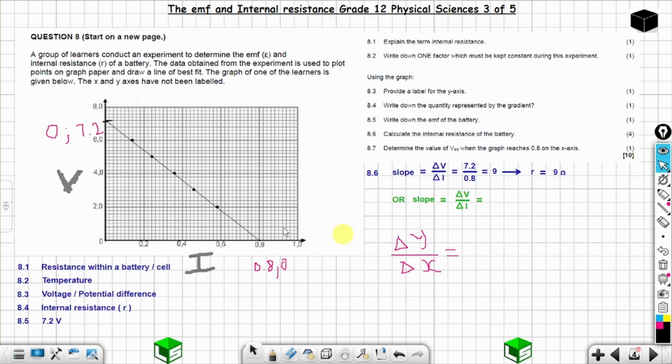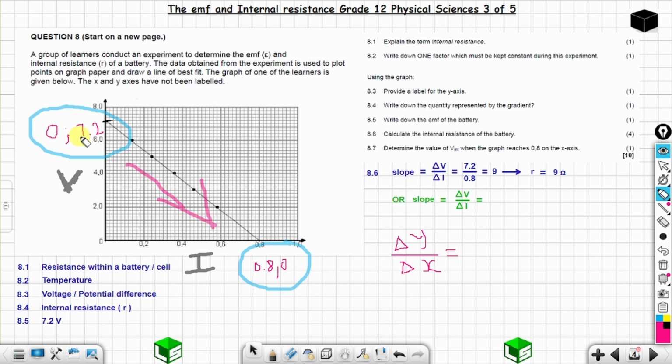This is equal to, using the coordinates, we can find the gradient, which is the internal resistance. So you have change in the y over change in the x. So let's start from this point going to this point.